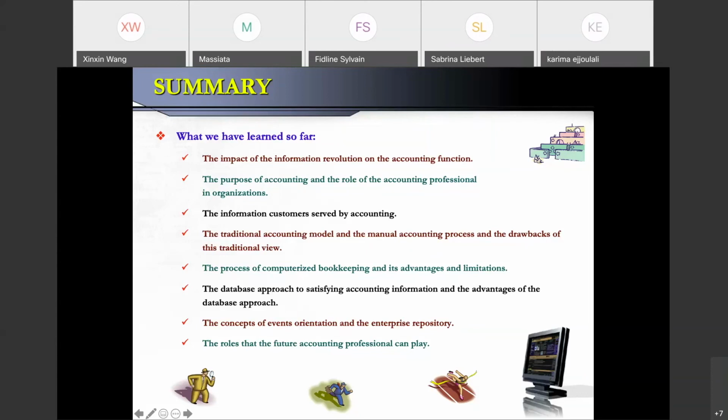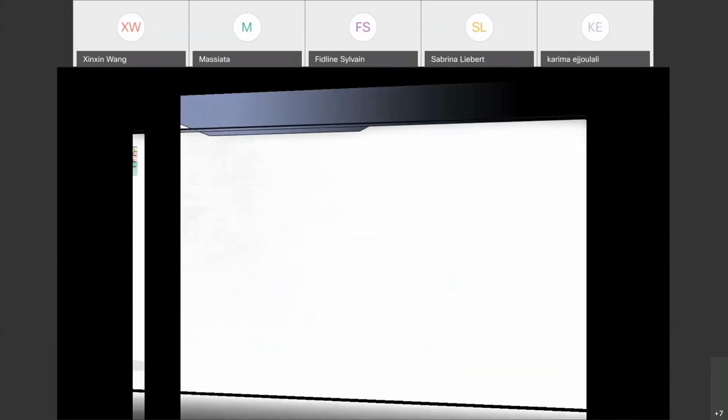And then we have two distinctive database approaches. And then we talked about the concepts of event-oriented and enterprise repository. And the most important thinking is to give you guys an idea about how future accounting professionals will change in the future due to technologies. Okay, so this is the summary of the class.